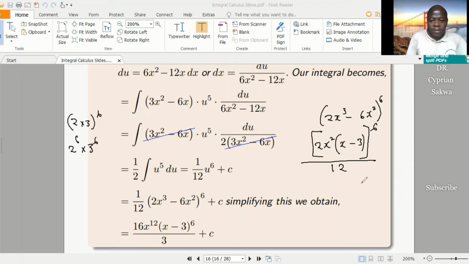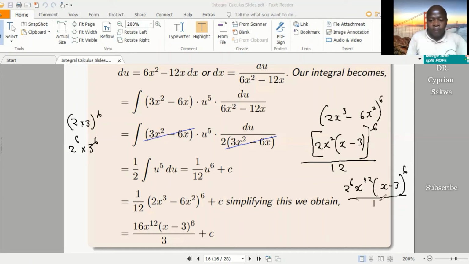It's the same thing I'm doing here. So this will be the same as 2 raised to 6 times x. This is raised to 2, then I raise it to 6, and it will be raised to 12. Then this other one will be x minus 3 raised to 6.